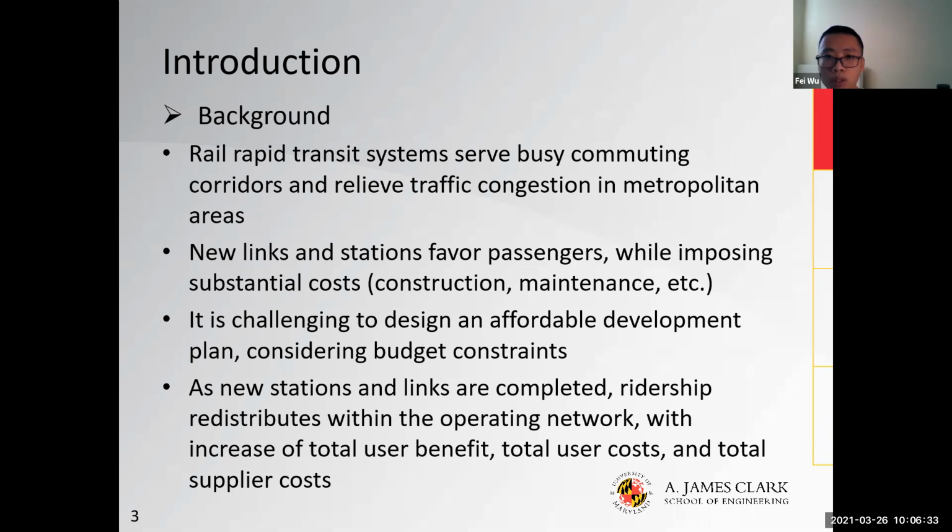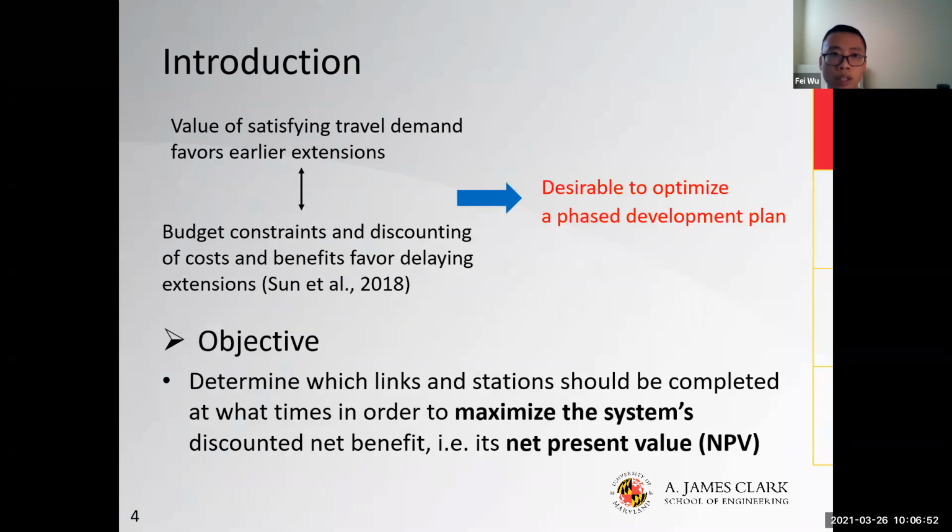We also need to note that as there are new stations and links completed, the passenger ridership will redistribute within the operating network. This will also increase the total user benefits while also increasing the cost of users and suppliers.